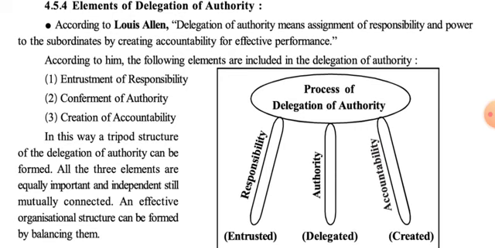So, according to Louis Allen, delegation of authority means assignment of responsibility and power to subordinates by creating accountability for effective performance. Now, this is the definition of delegation of authority.